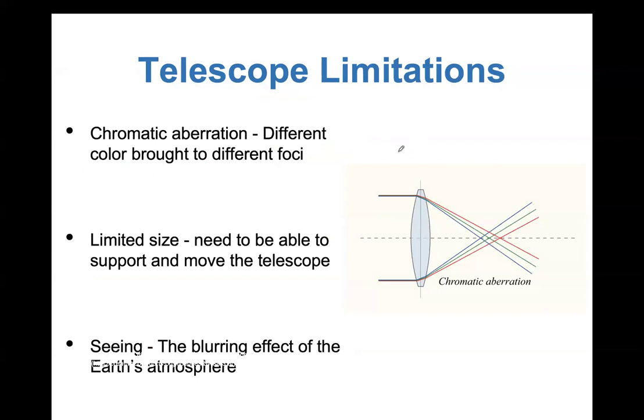Speaking of limitations of telescopes, okay, we've got things that we can't avoid. And I'm going to quickly run through these because they're not going to be crucial to the rest of our discussion. We've got chromatic aberration. This comes down to the fact that colors separate.